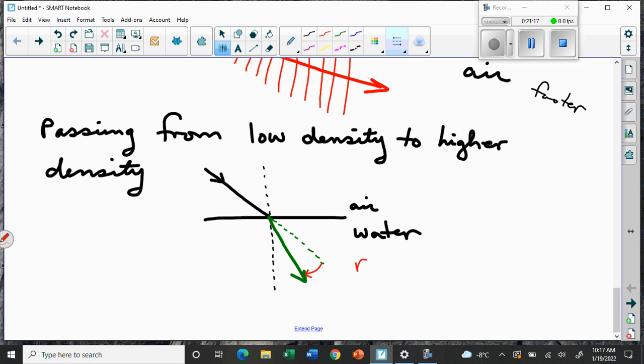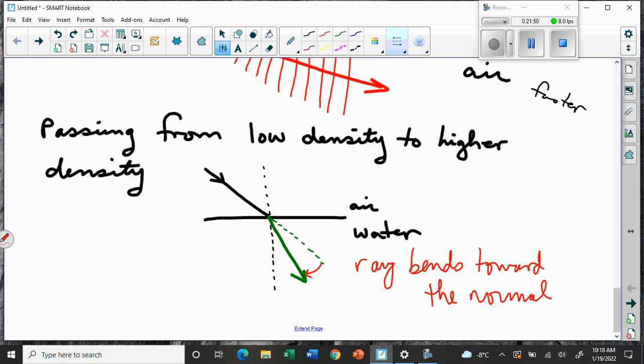So the ray bends toward the normal when you go from low density to high density. And that's because in the water, the high density, the wave bits get slowed down and they drag behind, which drags down the wave to a different direction that's closer to the normal.